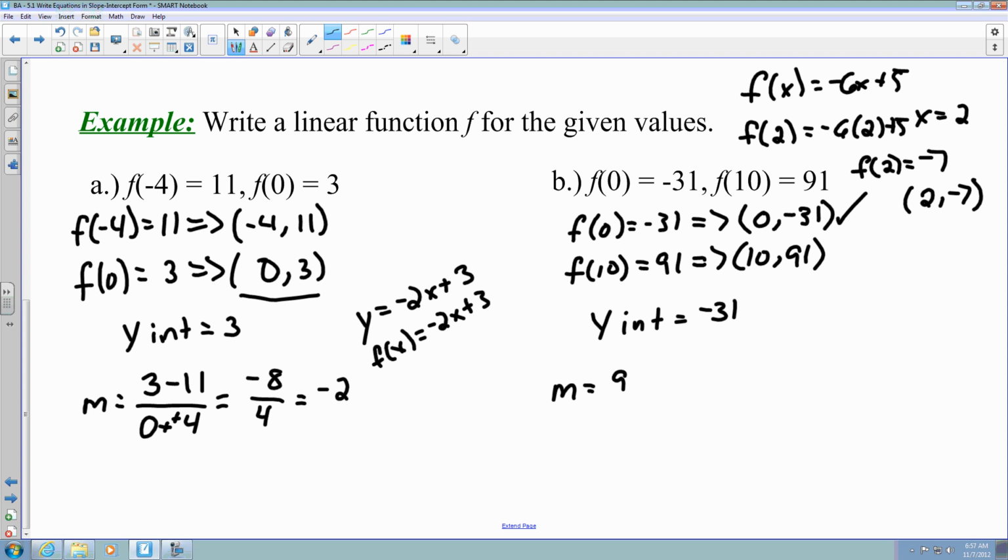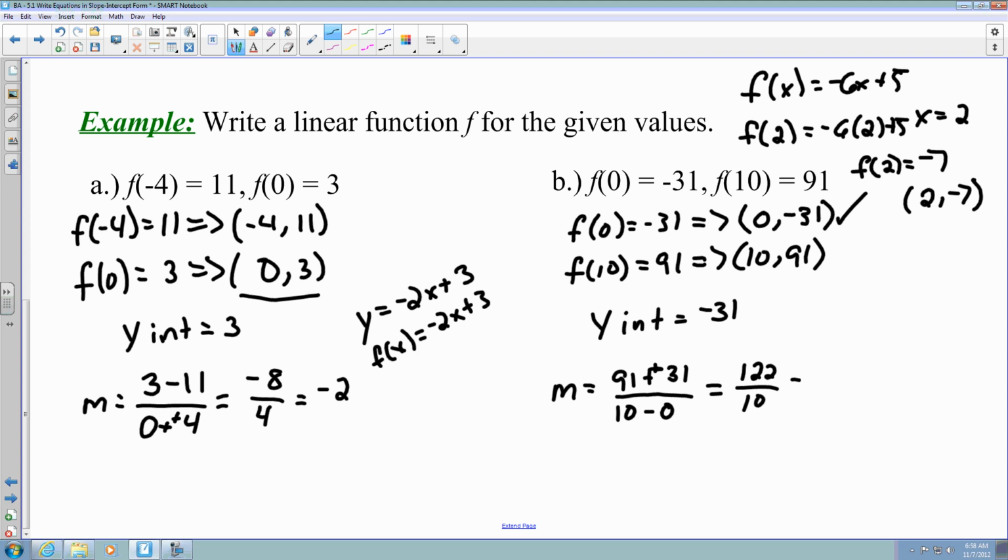So I have 91 minus a negative 31 over 10 minus 0. And so this is a plus and a plus. And 91 plus 31 is 122 over 10 minus 0, which will give us 10.